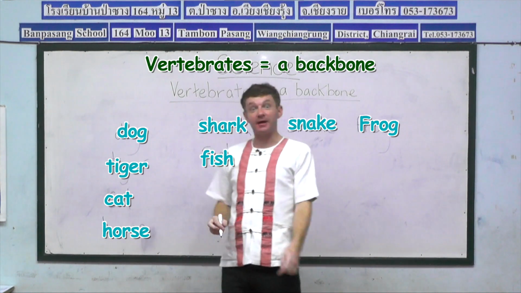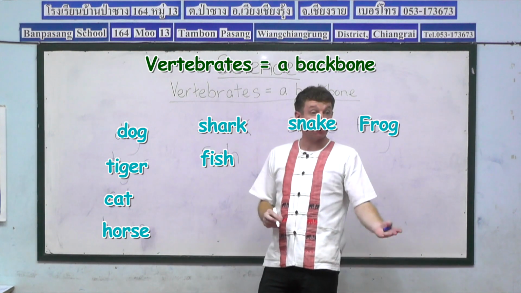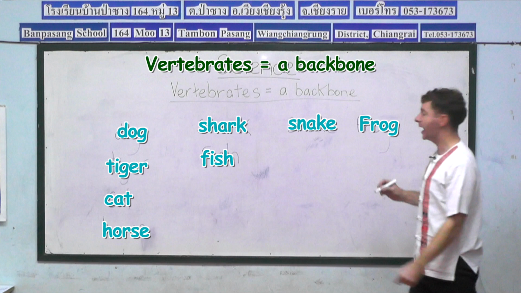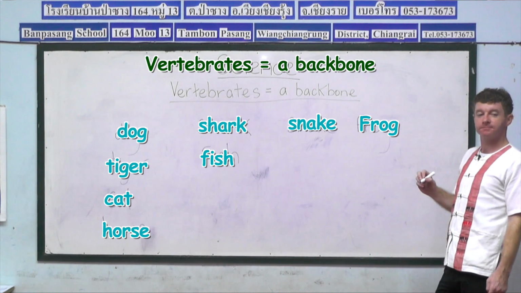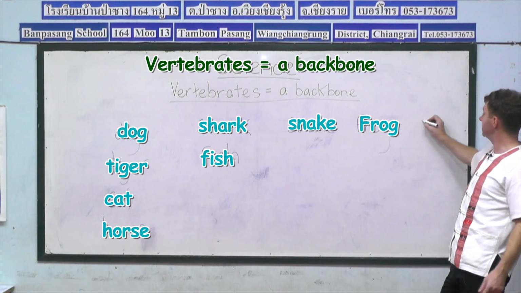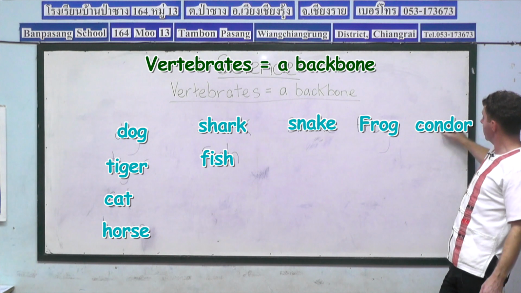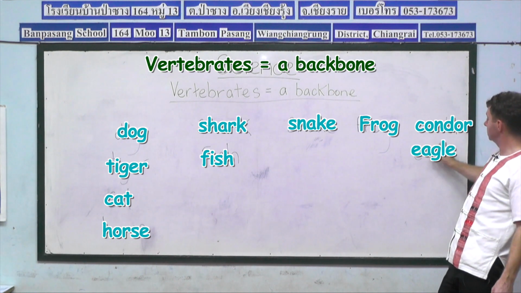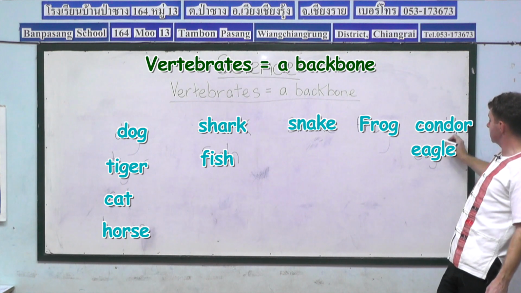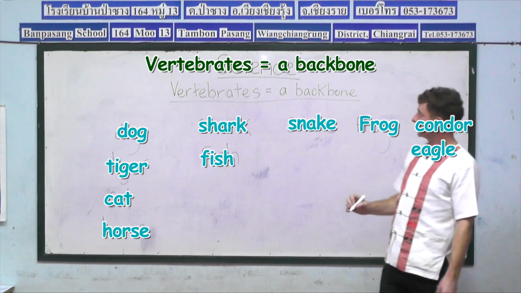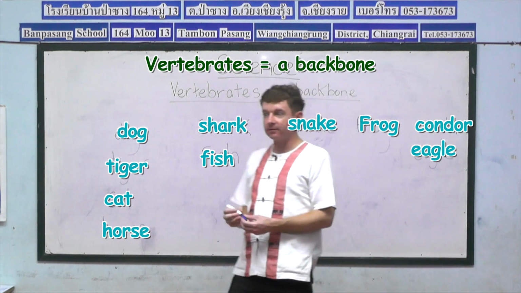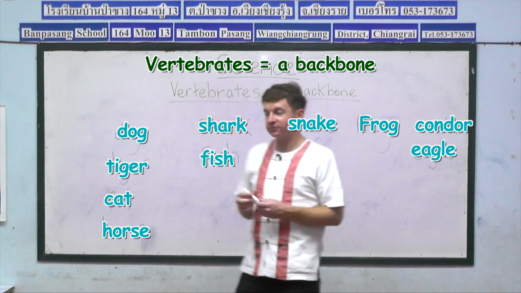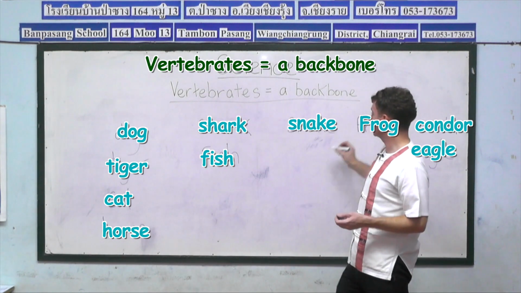And what about if we look into the sky? Yes. Vertebrates in the sky we call birds. Any particular type of bird? Condor and eagle. C-O-N-D-O-R. Eagle. E-A-G-L-E. Okay, any more ideas, guys? Seahorse. Excellent. Seahorse will go here.